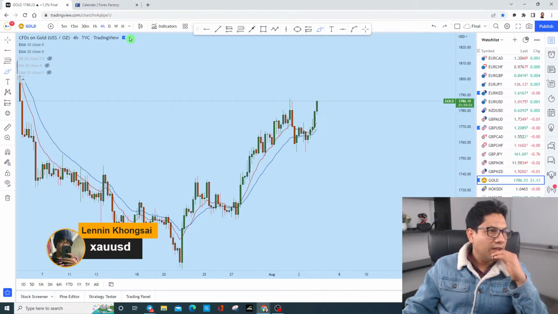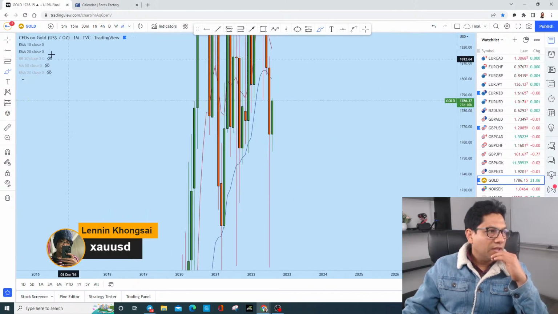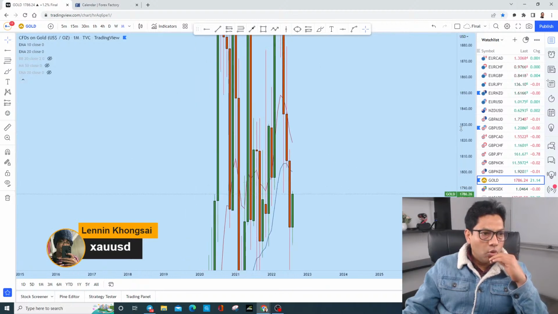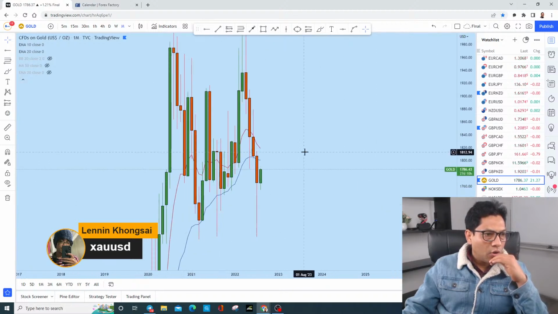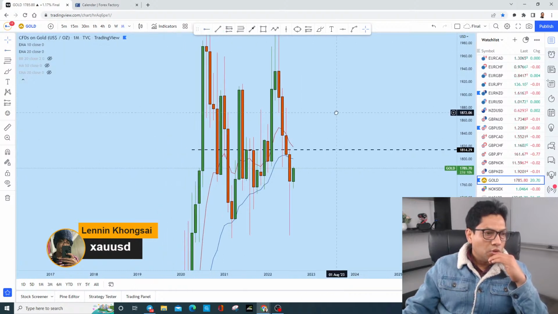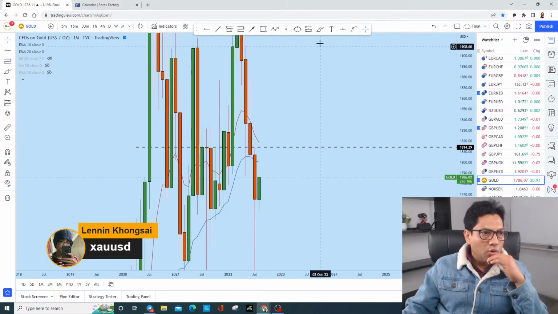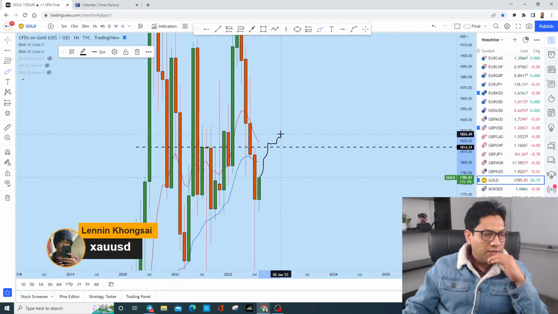So let's go back to the monthly again. I think gold might cross this monthly candle's high. This is normally how the price moves. So I'm thinking that gold will cross this monthly high, and then we might see the price retreating back.